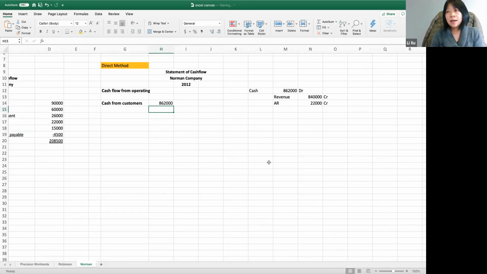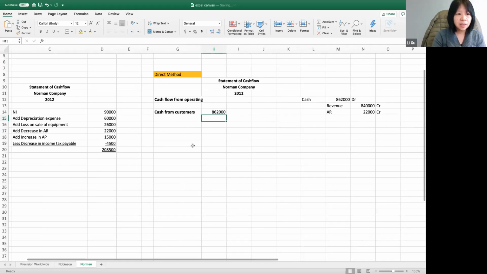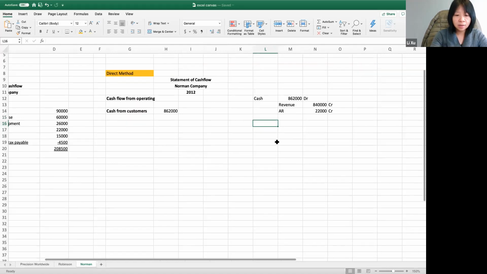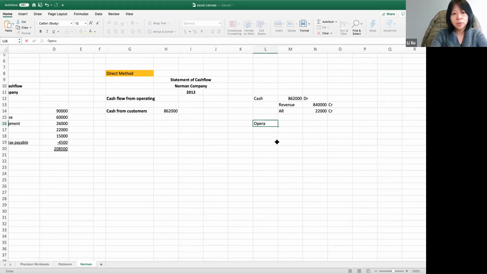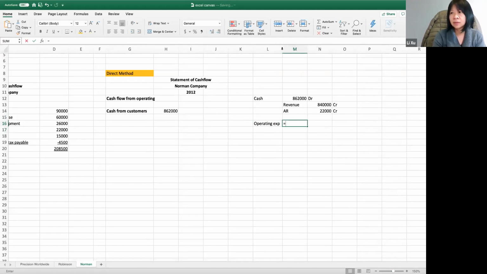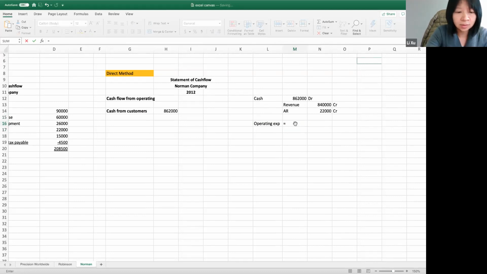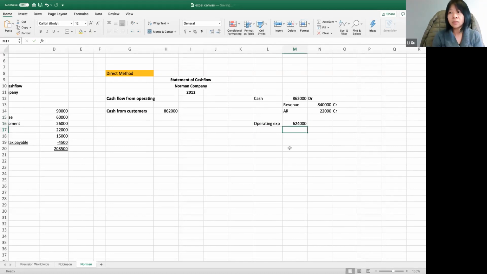Next, we're going to look at the operating expenses. Here, the normal balance is going to be debit, 624,000.